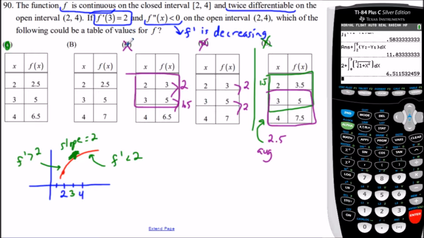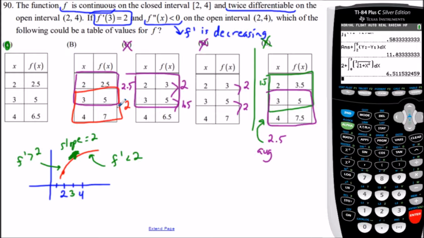So C is out. If we look at this question here, the average slope from x equals 2 to x equals 3 is 2.5. So we start off, okay, we have a slope that's greater than 2. But the part that's a problem here is that the average slope from x equals 3 to x equals 4 is equal to 2.